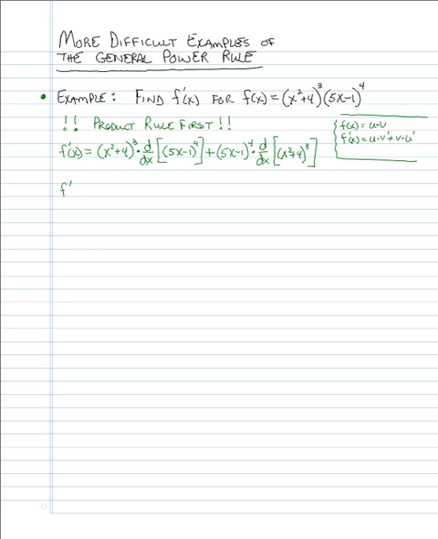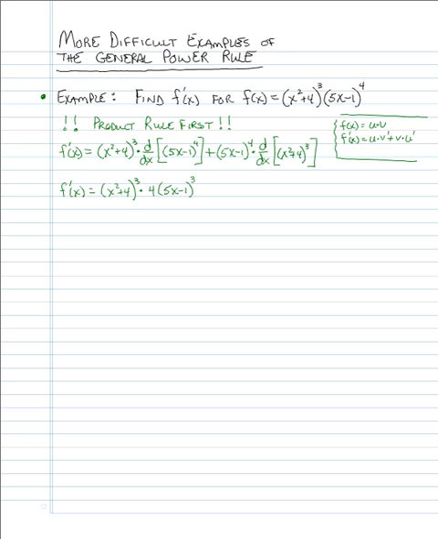So f prime of x, and to do it we have to actually find derivatives in this case, don't we? So we look at this first derivative. And see, now it's when the general power rule shows up, because to find the derivative of 5x minus 1 to the 4th power, we have to use the general power rule. And so we bring down the 4 and put it in front of the parentheses and decrease the power by 1.